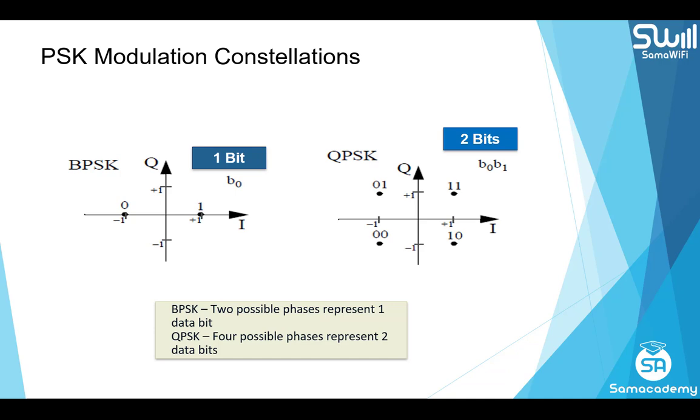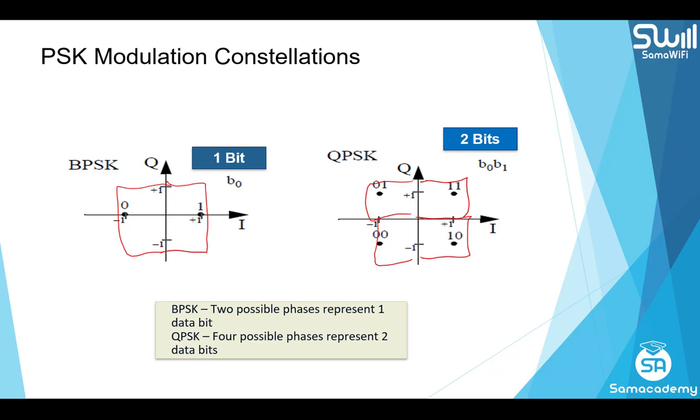Comparing the quadrature PSK constellation with the binary PSK constellation, the margin for error is less because there are more possible data points. The margin of error here and here, and the error magnitude here is very different.